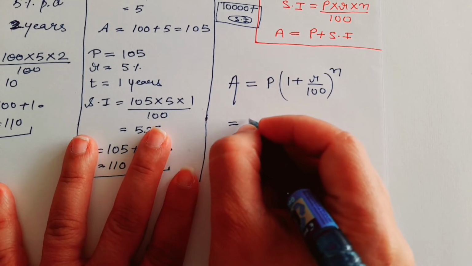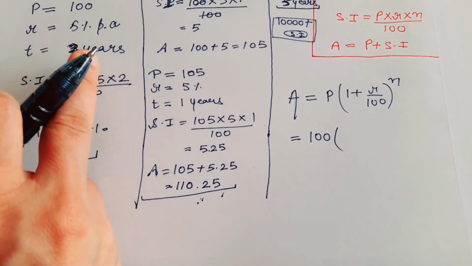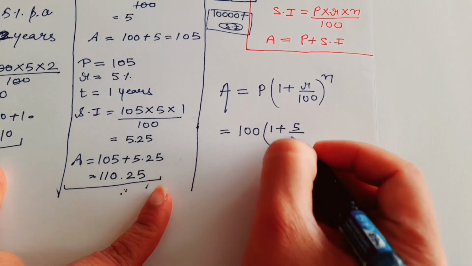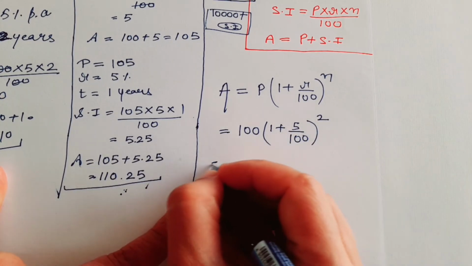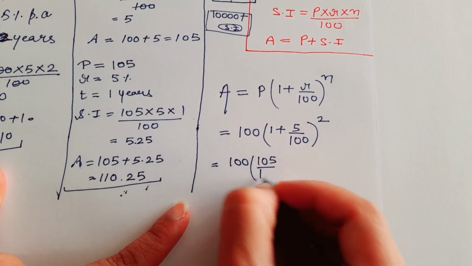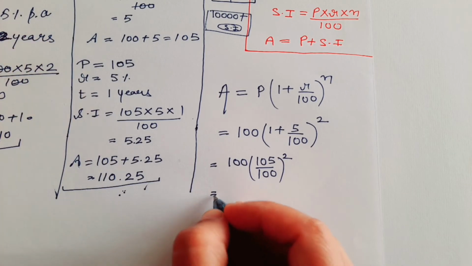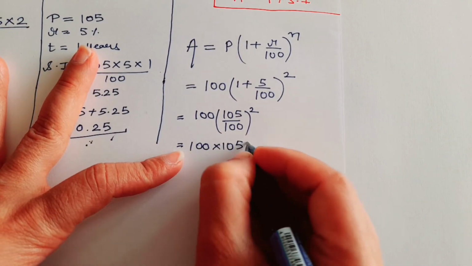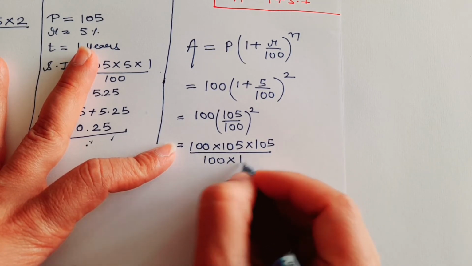So the principal was 100 rupees. I will calculate the same question. 100 rupees, 1 plus rate is 5 upon 100, raised to power 2. So 105 by 100 raised to power 2. We can write it as 100 into 105 into 105 upon 100 into 100.